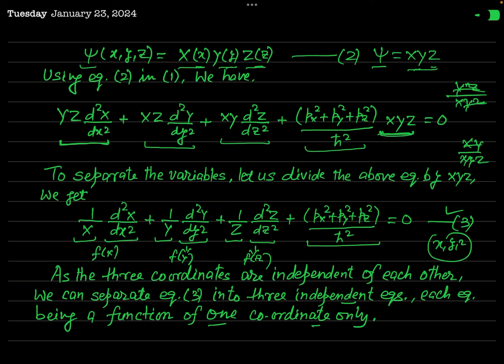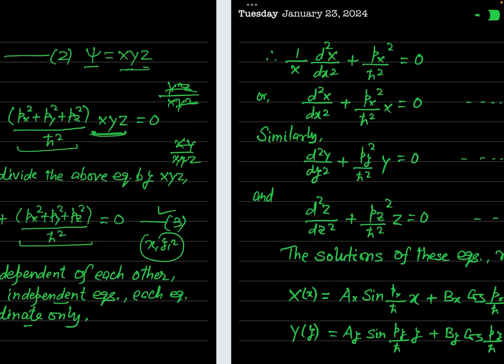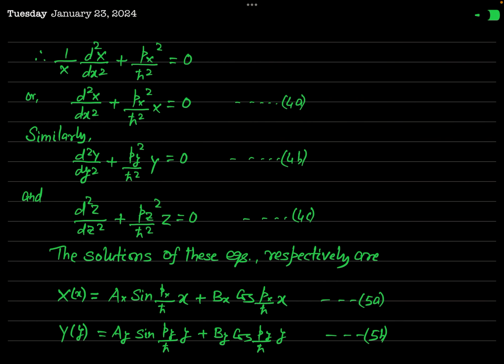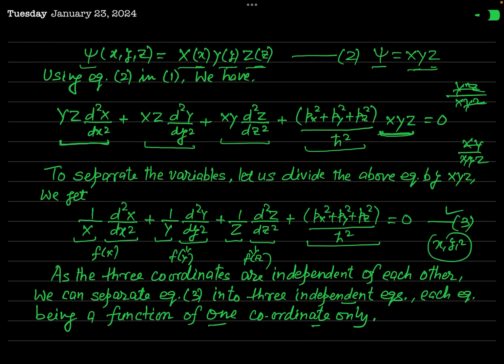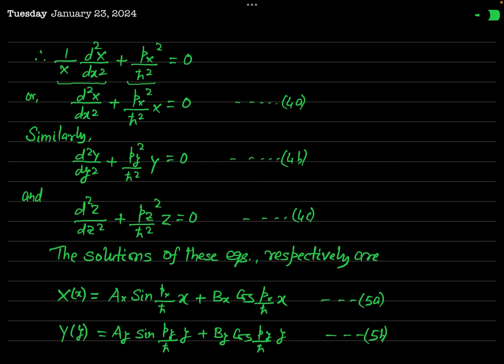Writing for the x coordinate, the terms which are a function of x, what will be your equation? This will be (1/X) d²X/dx² plus px²/ħ². Here from the last term we take px²/ħ², and that equals 0.